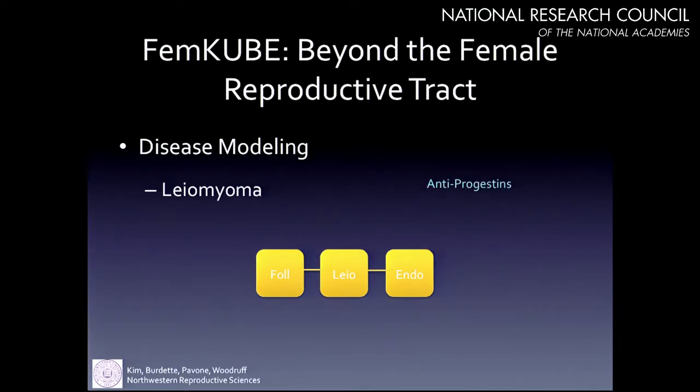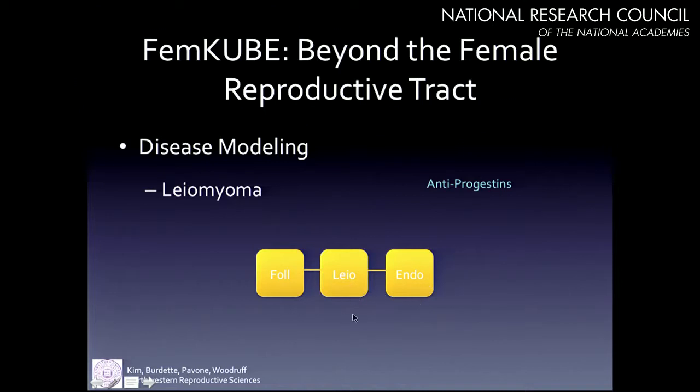We can also use these microphysiological systems to study diseases such as leiomyomas or other benign diseases that are hormonally responsive. So for instance, hooking up a follicle module with leiomyoma, as well as an endometrium, let's say.